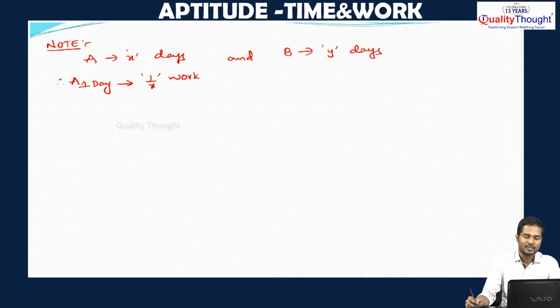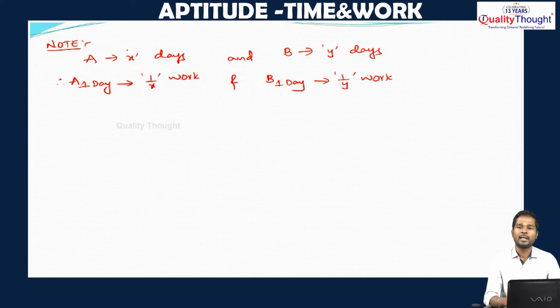That means the reciprocal of total number of days gives the 1 day work, and the reciprocal of 1 day work gives the total number of days. And here I will write B's 1 day work. B is taking total y days to complete the work, so in 1 day he will complete a work of 1 by y.